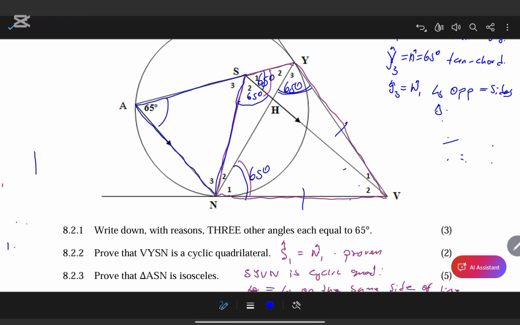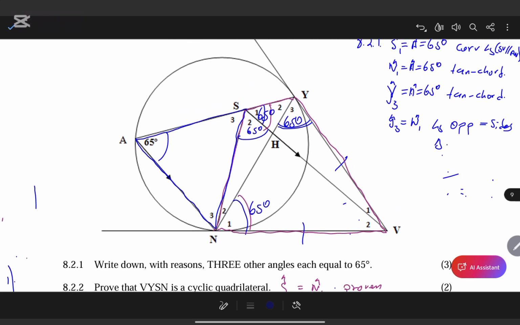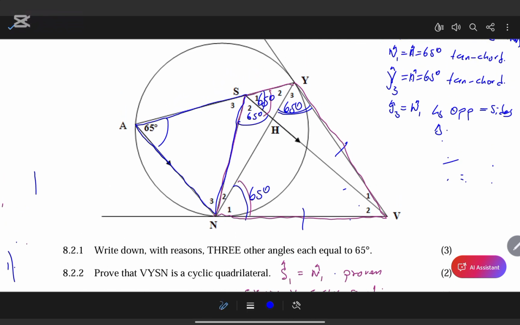So we will be able to express that. Let me write it here on the side. That is question 8.2.3. I simply say angle S2 is equal to 65 degrees.